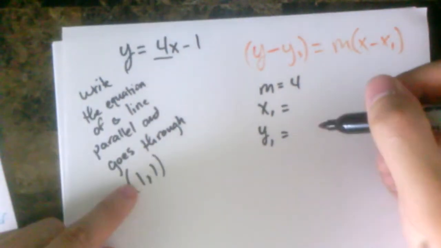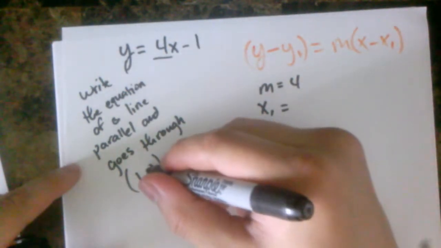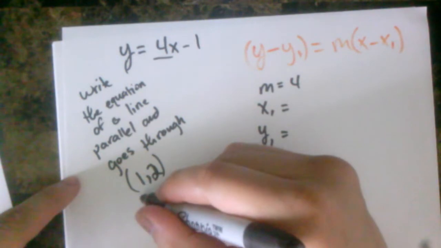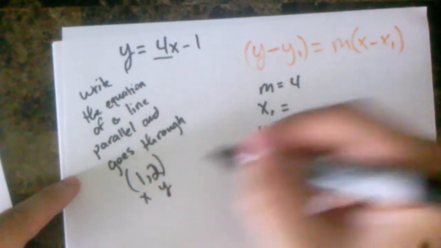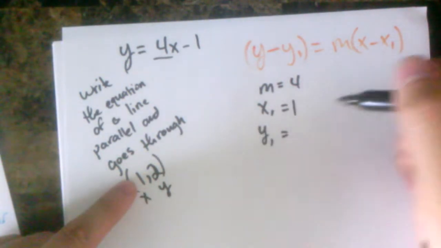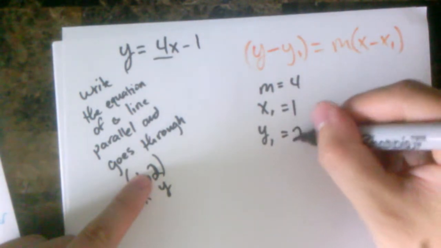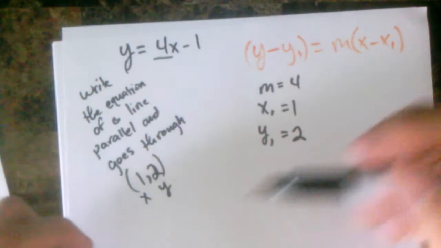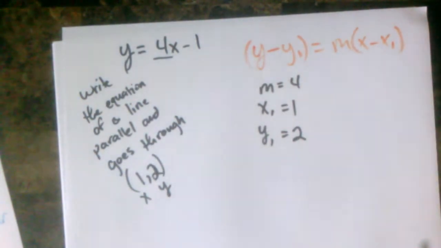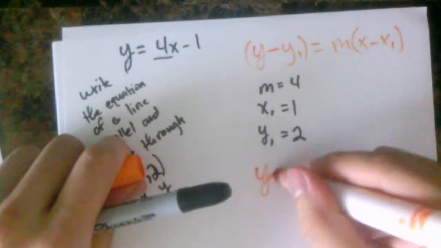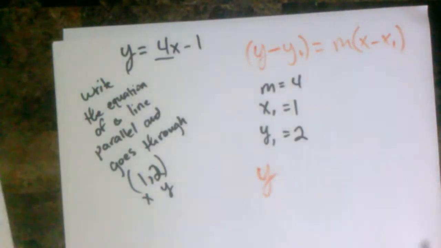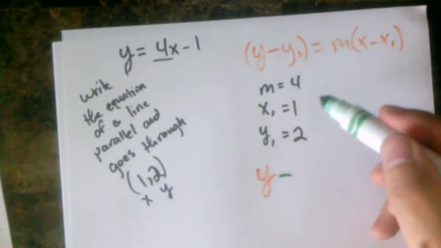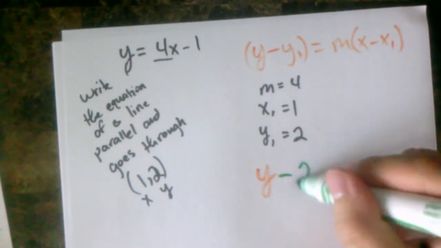And our points, so our y1 and x1, are right here. You know what, let's go ahead and make this 2, that way you can tell the difference. So remember, it always goes in alphabetical order, x comma y, so our x1 is 1 and our y1 is 2. Now that I know these three parts, I can just plug them into this equation up here. So y minus y1, so again y minus, and then we plug in y1, which we wrote up here is 2.